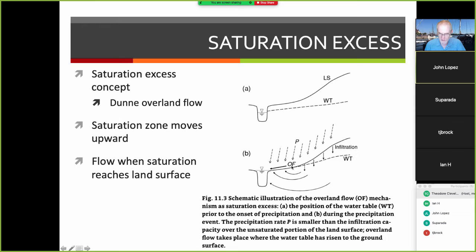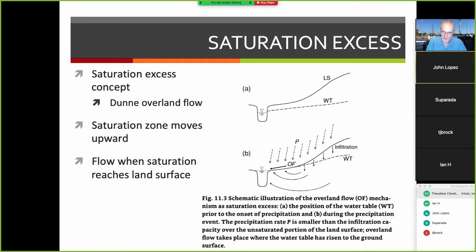So any precipitation in this region is immediately manifest as overland flow to the stream. And here the water table is still rising, so this overland flow component will start to move upslope away from the stream as more and more contributing area directly contributes to overland flow to the watershed.